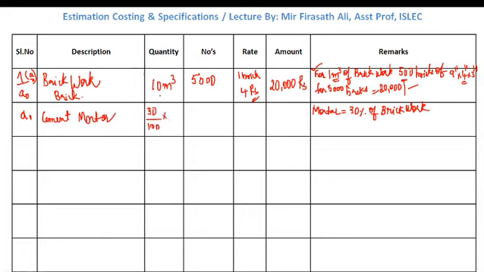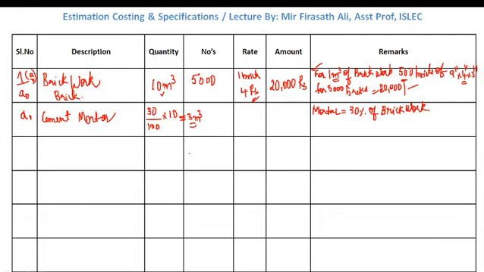How much quantity of brickwork do we have? 10 meter cube. So 30 by 100 into 10 is 3 meter cube.